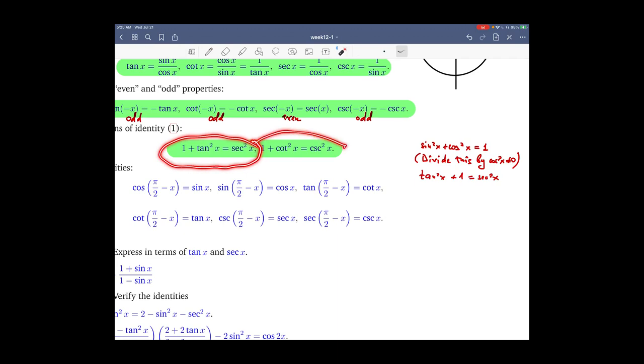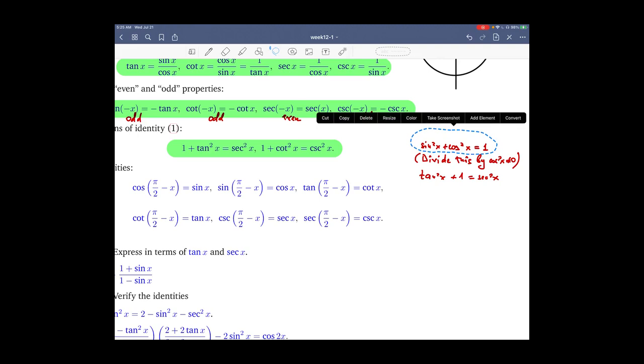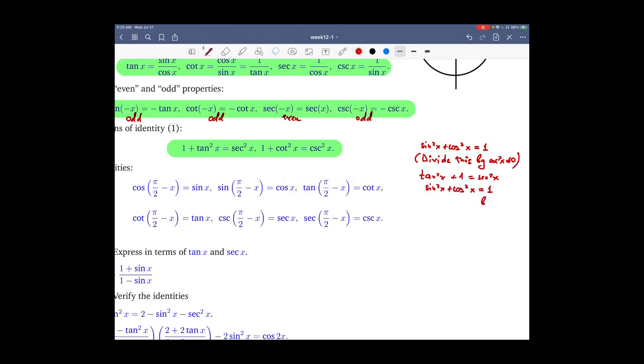And to get the second identity, we again start with the basic identity and divide it by sine squared, assuming, of course, sine is not 0. When you divide sine squared by sine squared, you get 1.